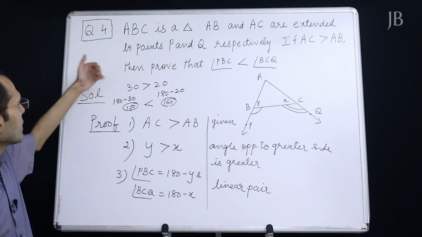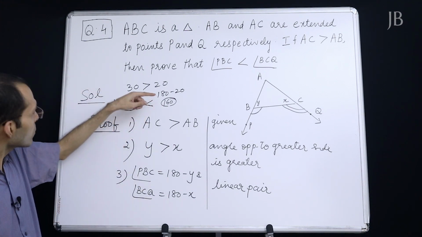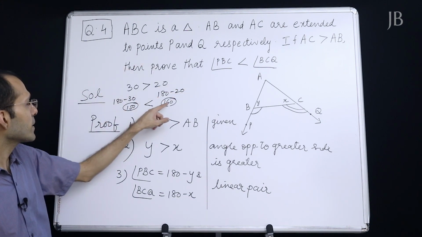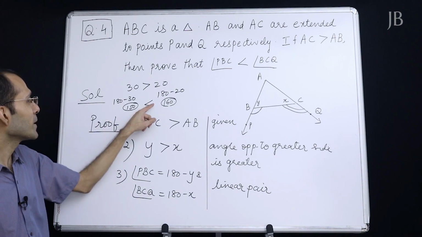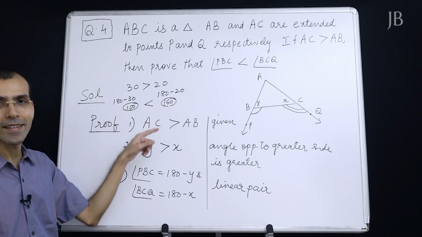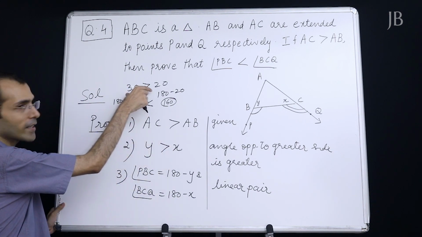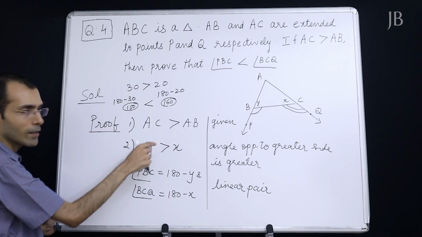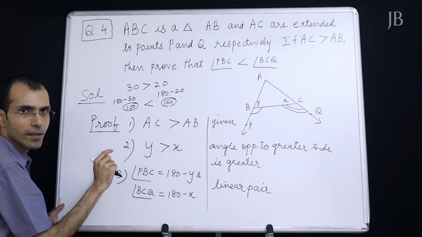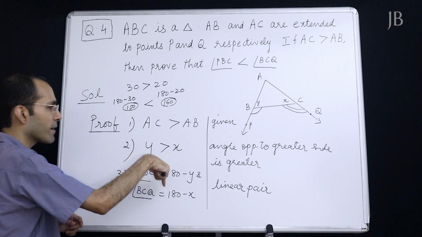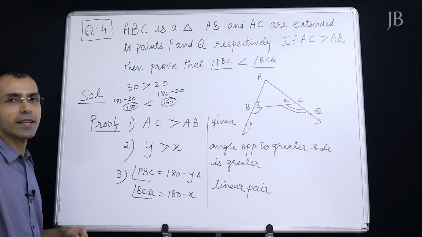Now I do 180 minus 30 and here the same 180 minus 20. So this becomes 150, this becomes 160. So the inequality reverses. Now connect this funda to the general thing. Y is greater than X, so 180 minus Y on this side and 180 minus X on this side.